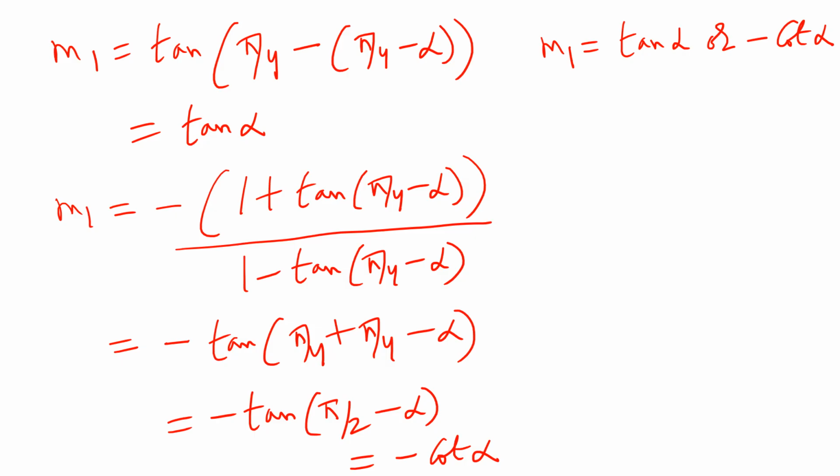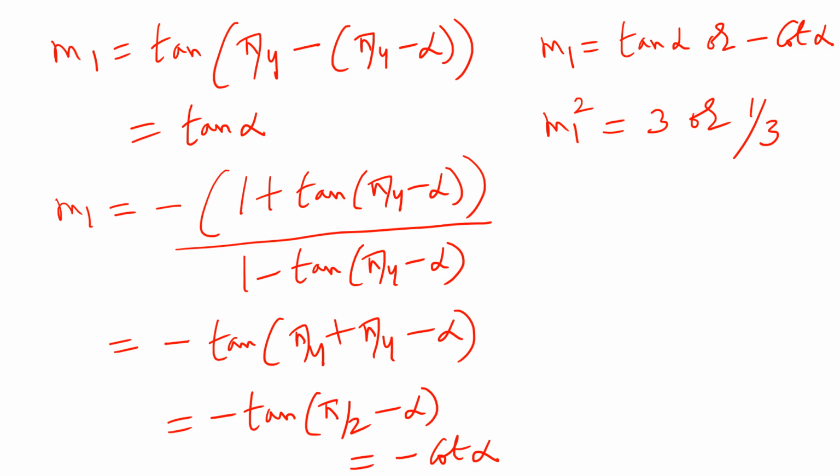Right? Now students, earlier in the question, we found the values of M1 square as 3 or 1/3. And here also, if I take M1 square as 3, then the value of M2 square will become 1/3. And if I take M1 square as 1/3, then the value of M2 square will become 3.